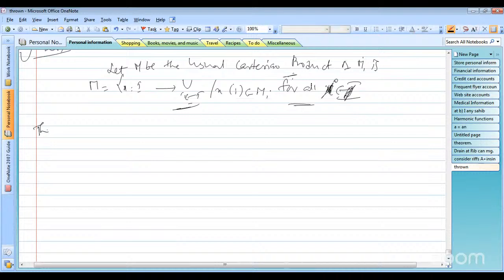Then M is an R-module under the usual operations.